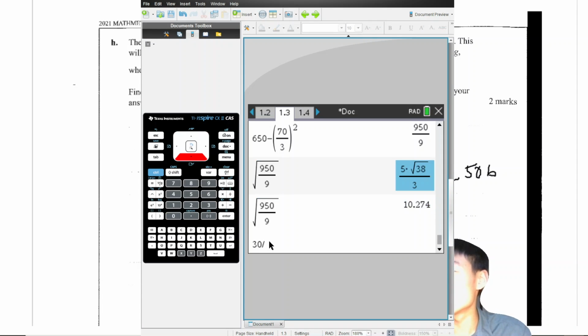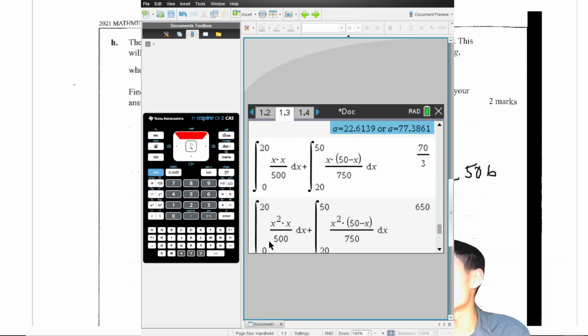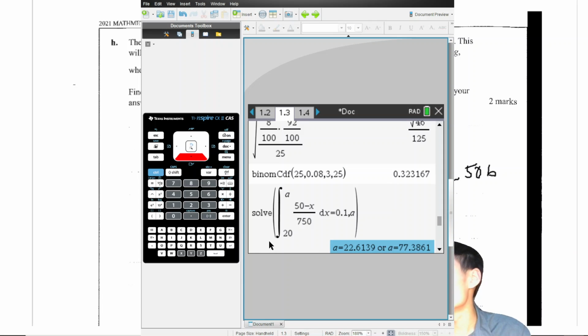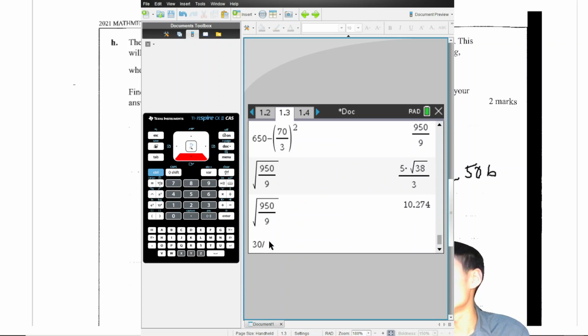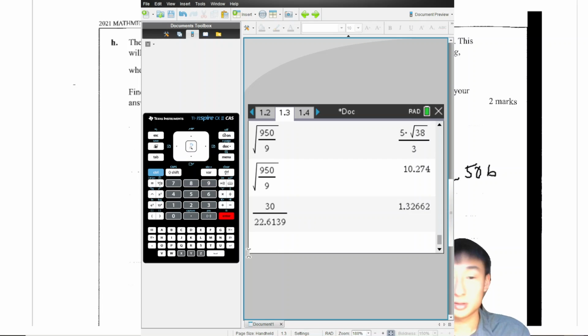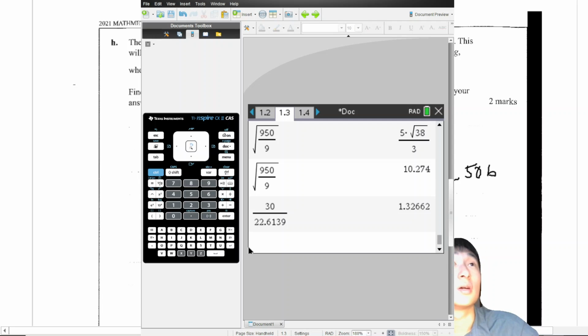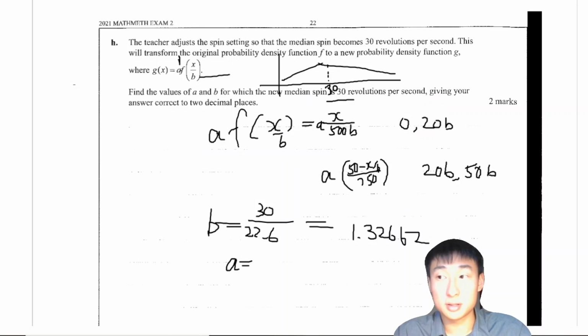This part seems really similar to yesterday's exam. Where's 22.6? 22.6139. So if that is b, a doesn't have to change by the same factor, which means that a should be worked out using area under.